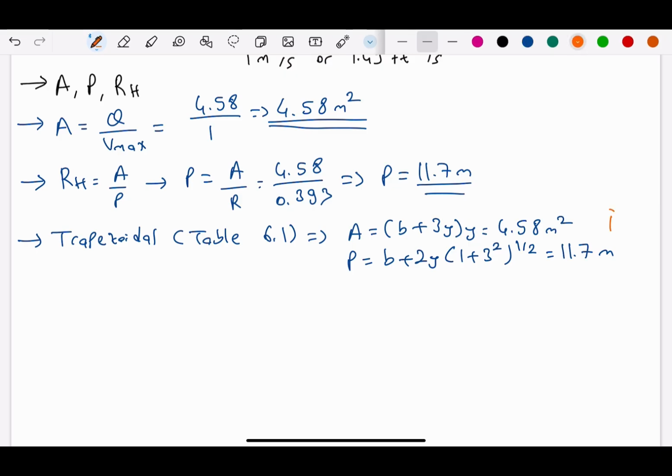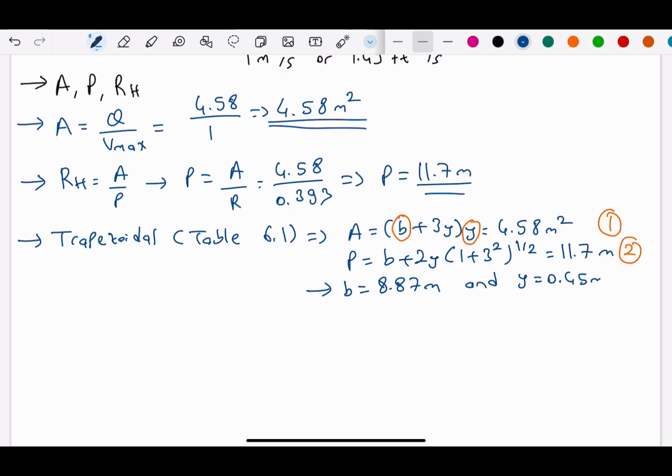And here we have two equations and two unknowns, which are b and y. So solving these two equations together, we can calculate b as 8.87 meters and y as 0.55 meters.